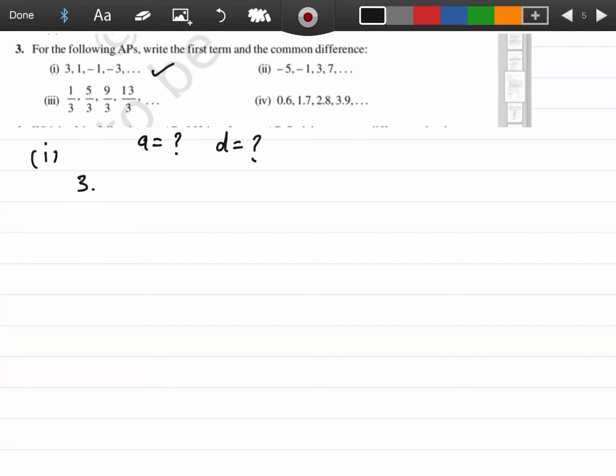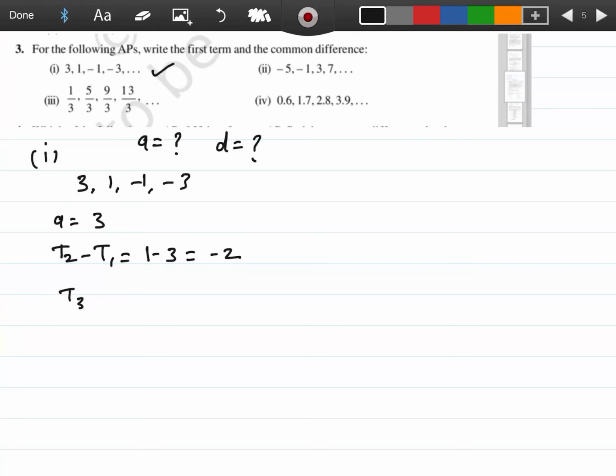Here the series is 3, 1, -1 and -3. This is our AP. So A, clearly, A is equal to 3, and to find the D, now here you see T2 minus T1, term 2 minus term 1, that is 1 minus 3, that is -2.